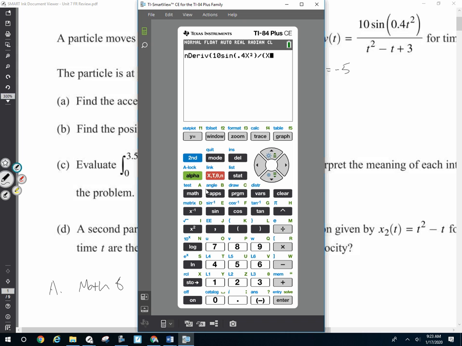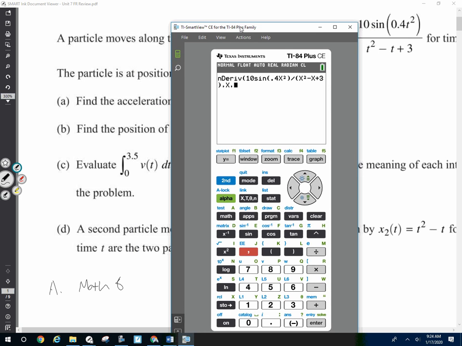The bottom needs to be in parentheses. T squared minus t plus 3, close out parentheses, with respect to x at x equals 3.